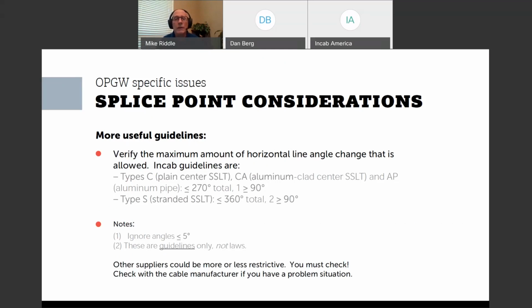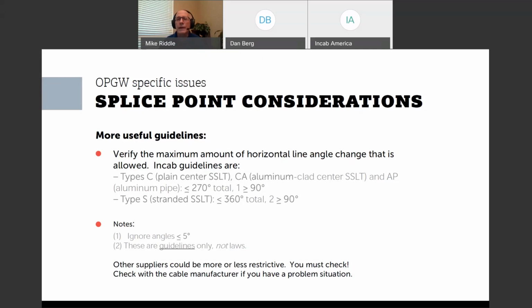You'll have to check. Here are some guidelines that InCab uses for a center tube design with an aluminum-clad center stainless steel. What another cable company, the one I think I mentioned, I think they're in Botswana, they call their product Centracore.